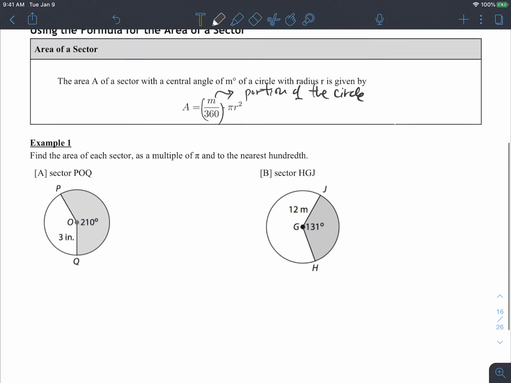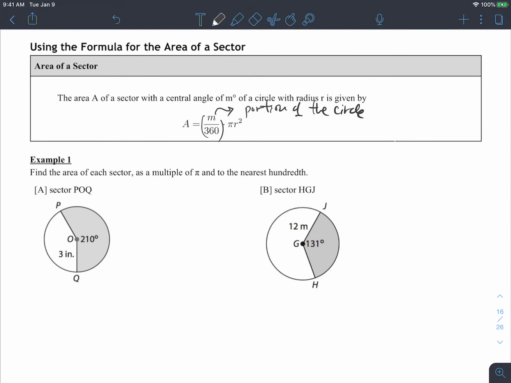So here is example 1, A and B. Why don't you go ahead and pause the video and see if you can do this. Okay, good. So the area of the sector POQ is 210 degrees over 360 times pi r squared, which is 3 squared.